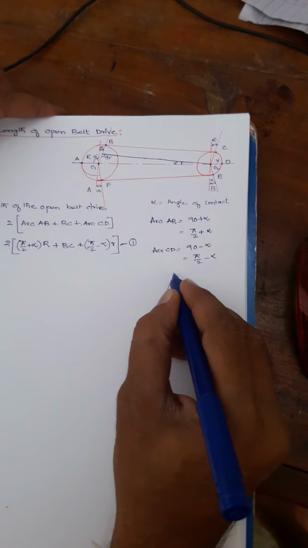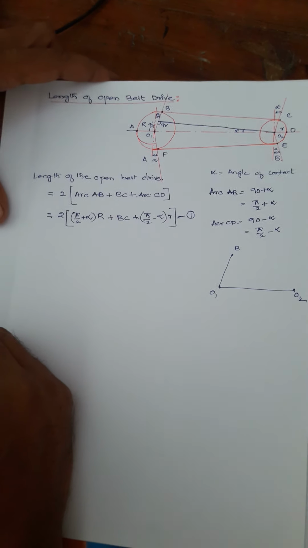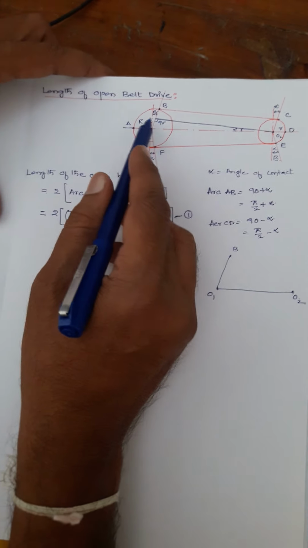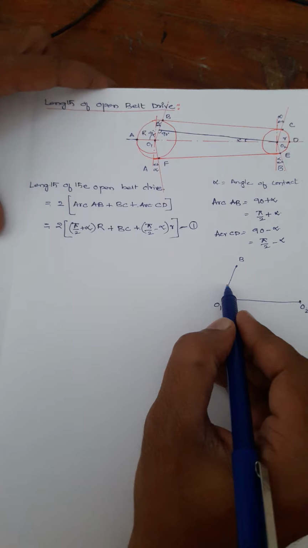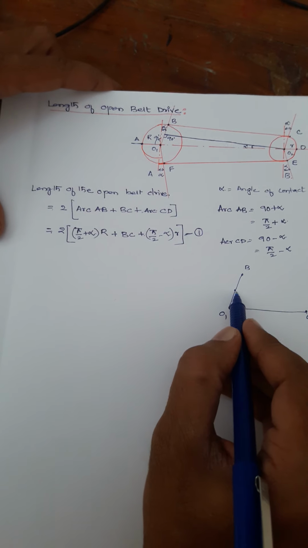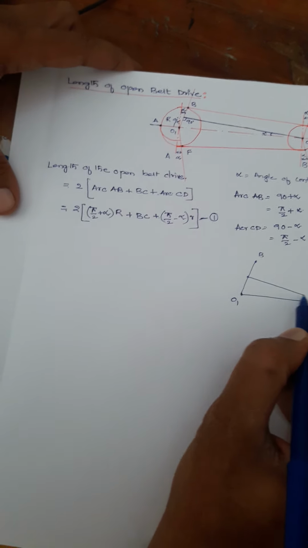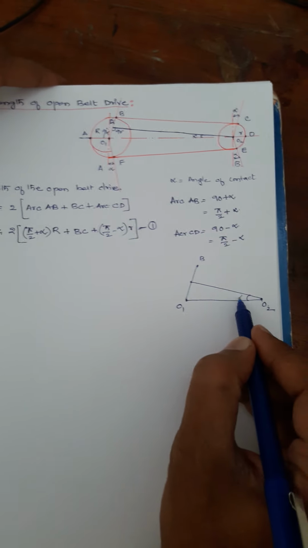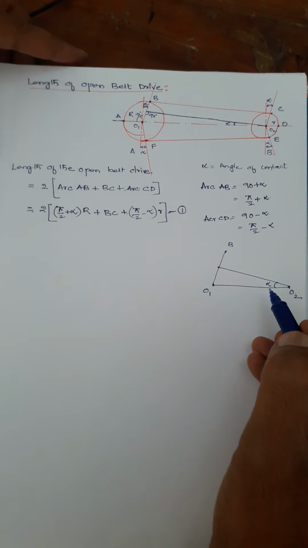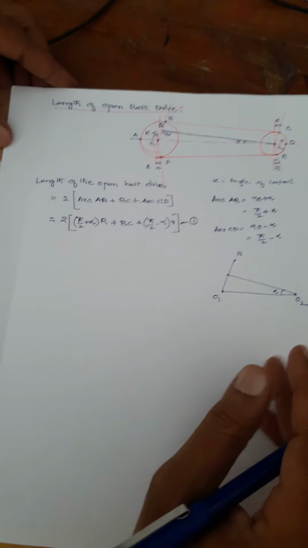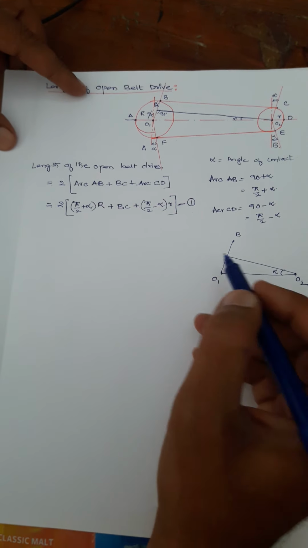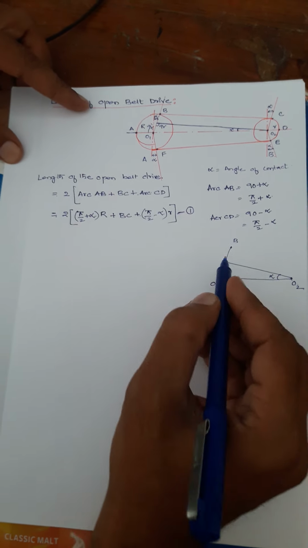Let us take this point as B. Okay, and draw a line, so take some distance here and draw a line, and this one is alpha.